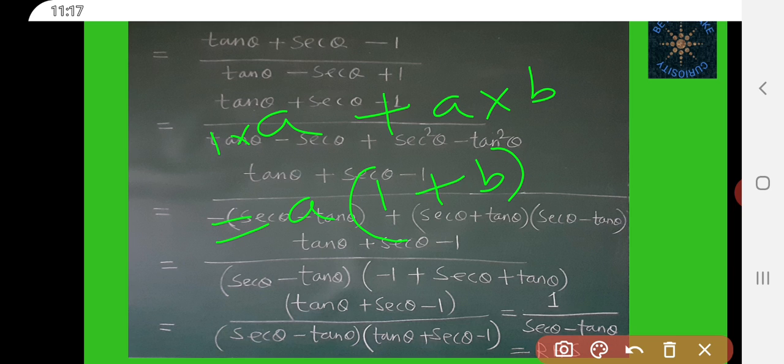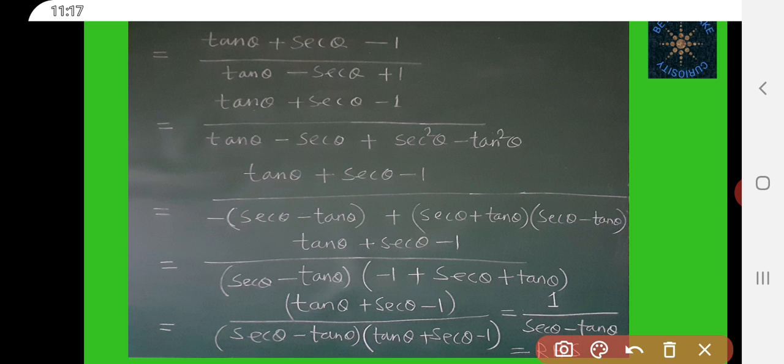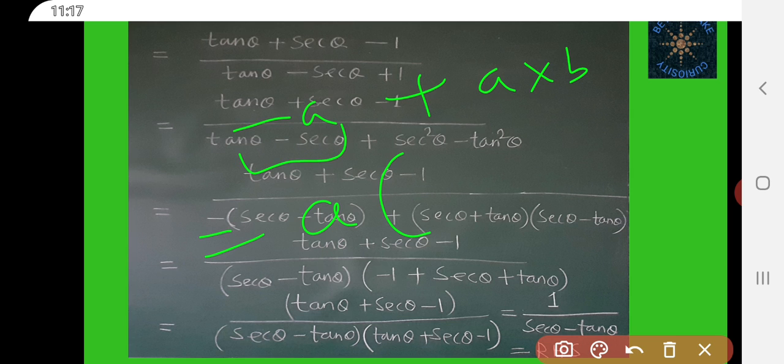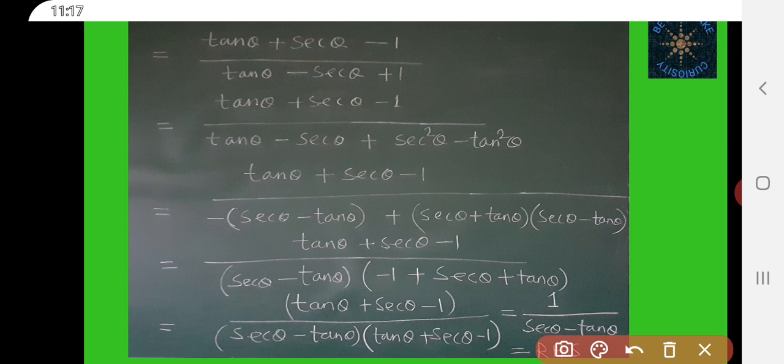Use the same rule here. A minus a plus a into b means, if you take a common, minus 1 plus b, yes or no. So here also you take sec theta minus tan theta common, then minus 1 plus sec theta plus tan theta.